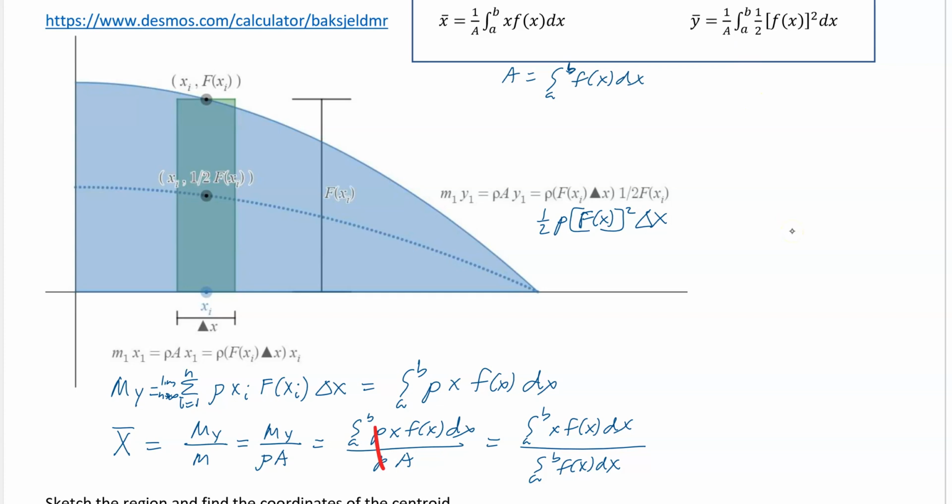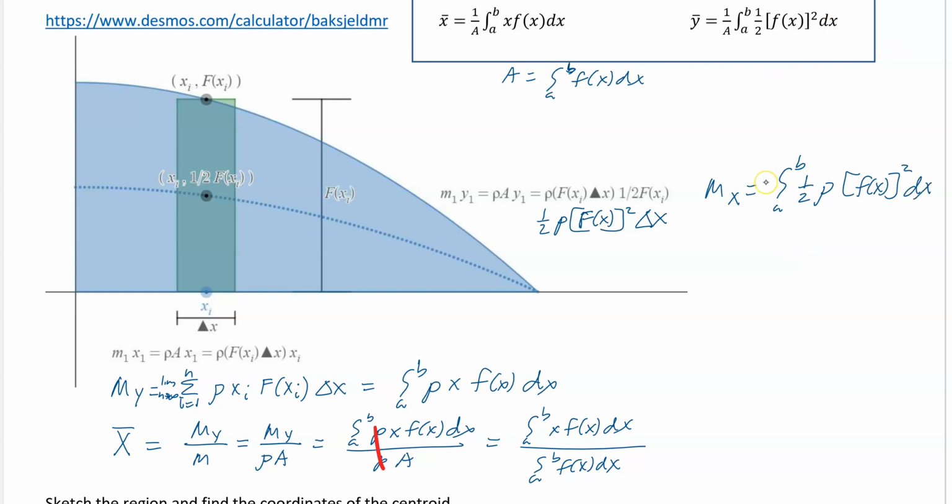So we're going to end up with y. Let's do our moment first. We're going to end up with the moment of x is equal to the integral from a to b of 1/2 rho f of x squared dx.